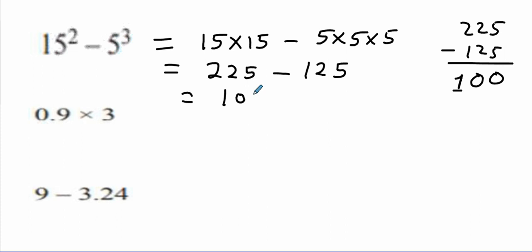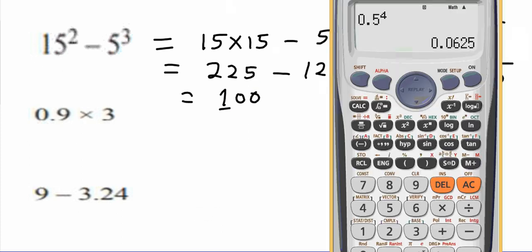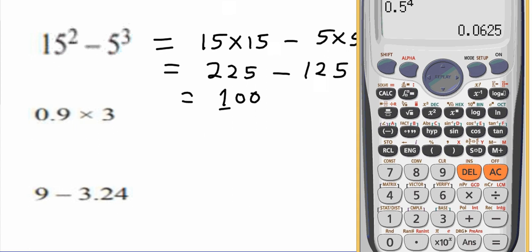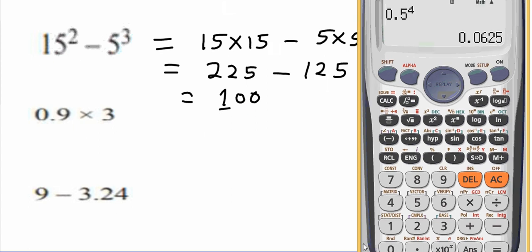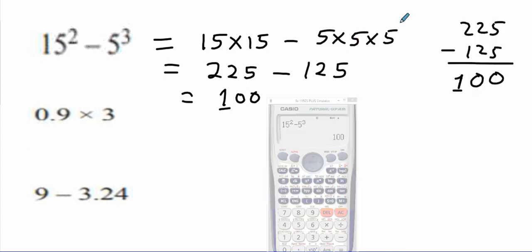So the answer here is 100. Okay. You can check your answer using a calculator because this is just for demonstration purpose. But in the exam, you have to do it mentally. That is 15 squared minus 5 to the power of 3. This is how we type powers in the calculator, and the answer is 100. So our answer is correct.